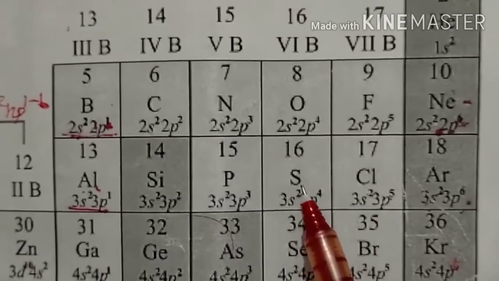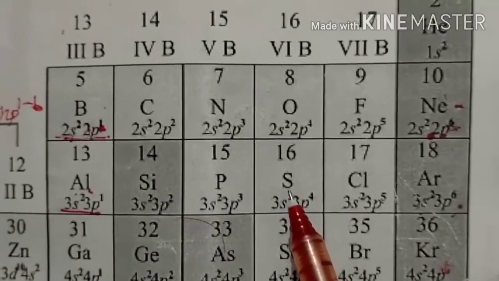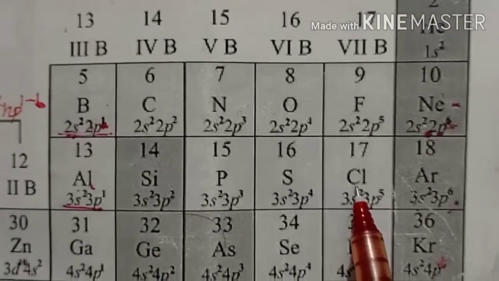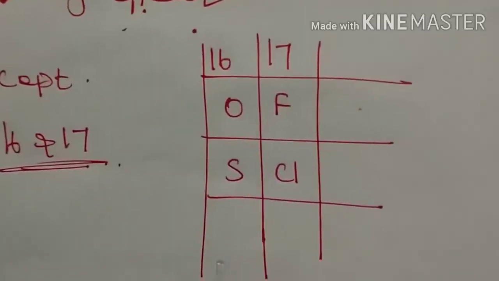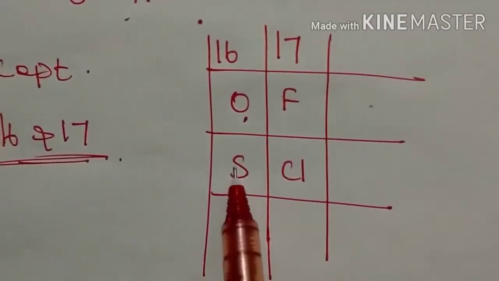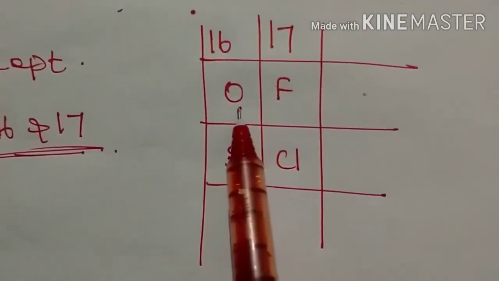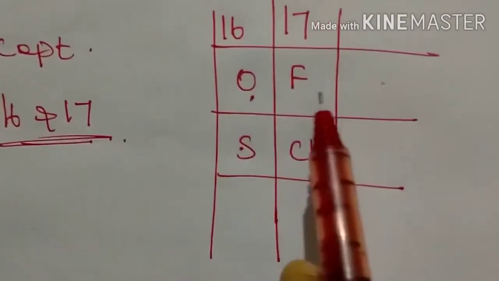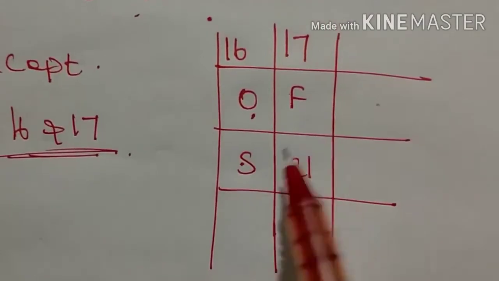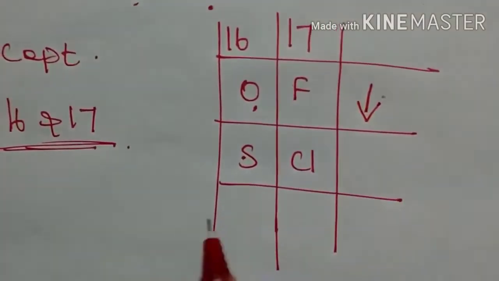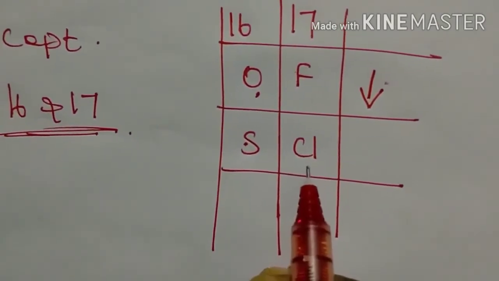The next element of the 16th group is sulfur, and the next element of the 17th group is chlorine. Comparing oxygen and fluorine with sulfur and chlorine, their atomic size is less than sulfur and chlorine.